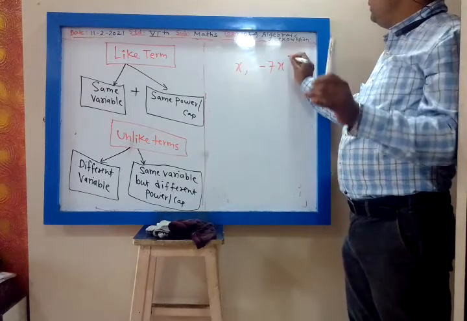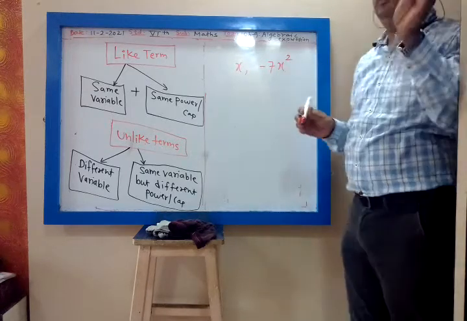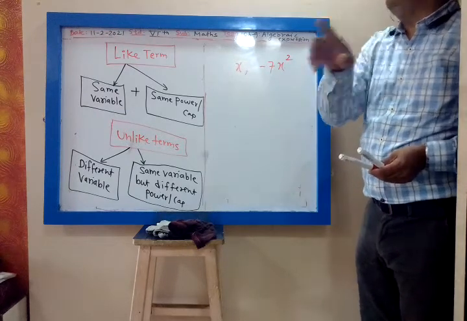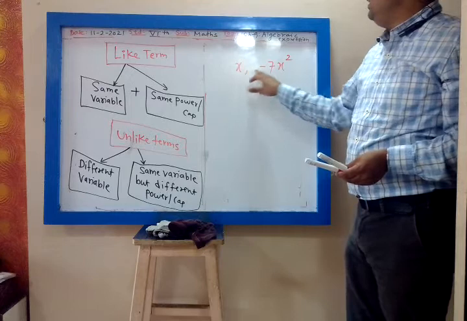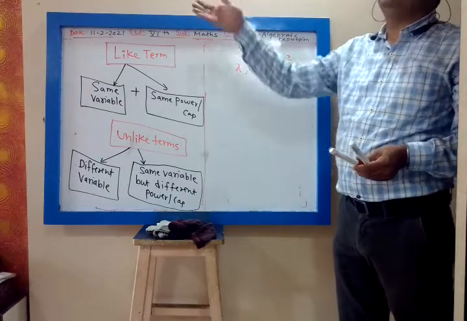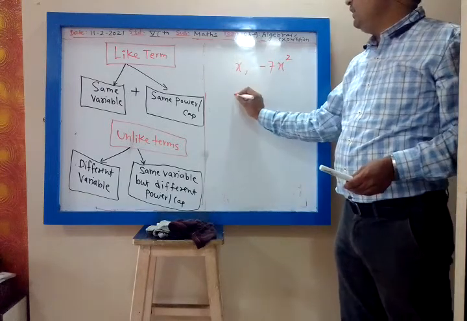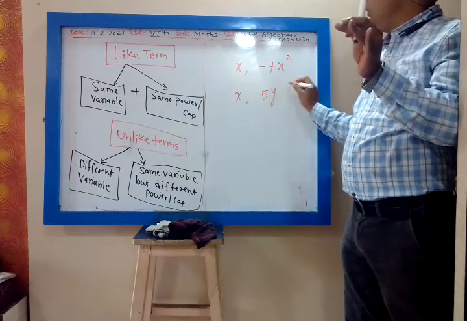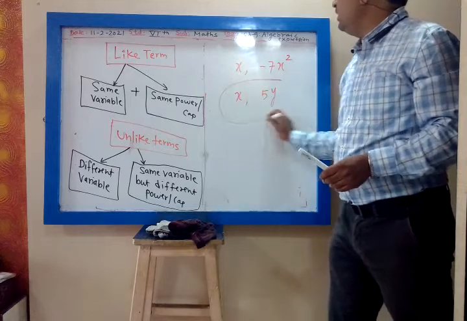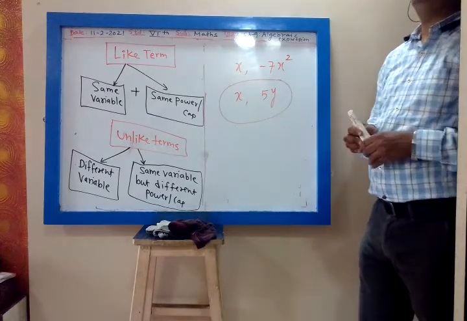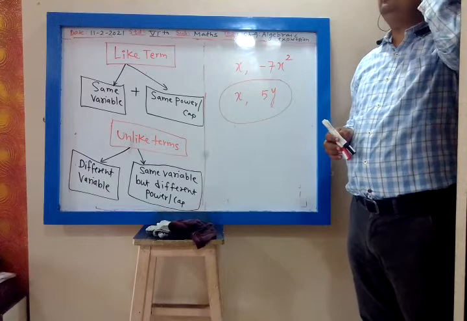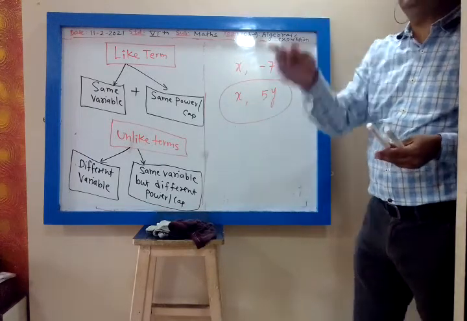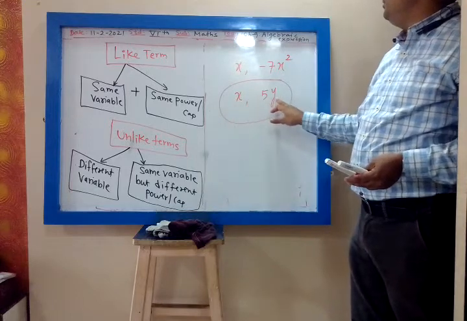Suppose it is 7x square. Then they are unlike terms, because the variables are the same, x, but their powers are different. Next, x and 5y: like or unlike? Unlike terms, because this is variable x and this is variable y.